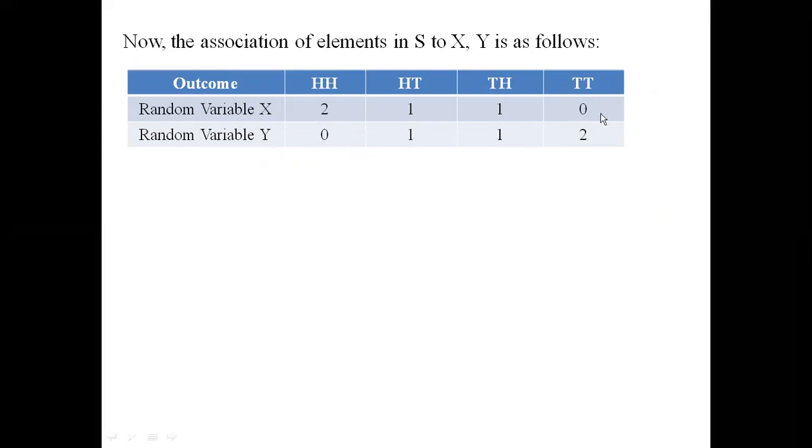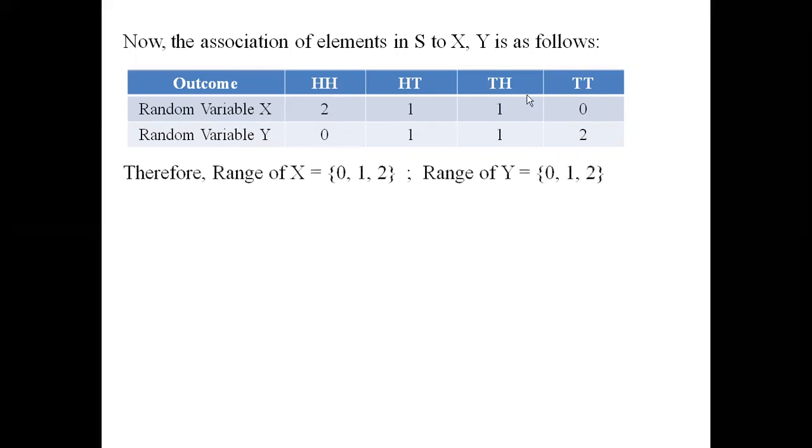TT, there are two tails occurring. So 2. So based on the random variables x and y, the way they are defined, we are able to associate a real value with each element of the sample space. And thus, the range of x is 0, 1, 2, and range of y is also 0, 1, 2.